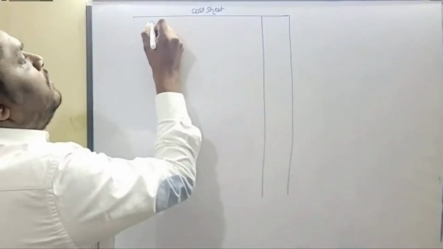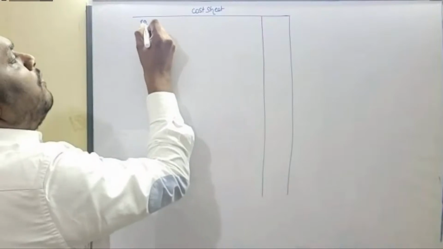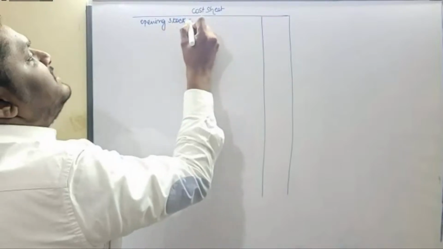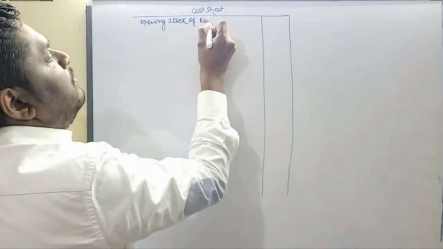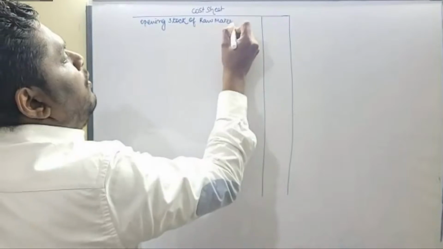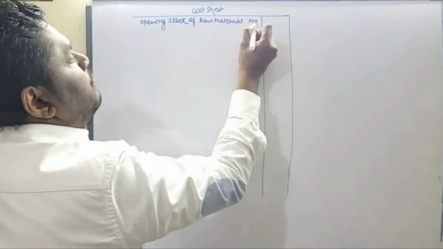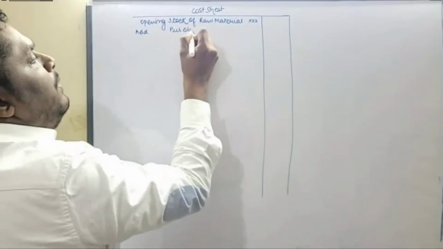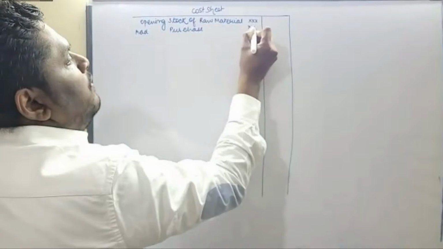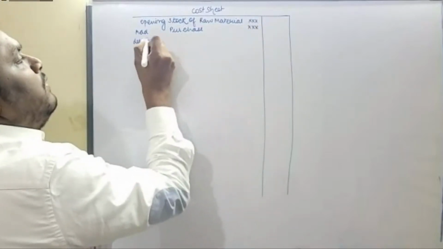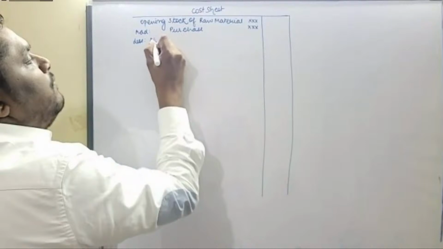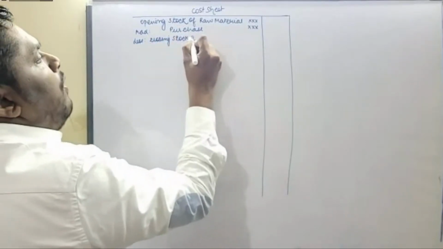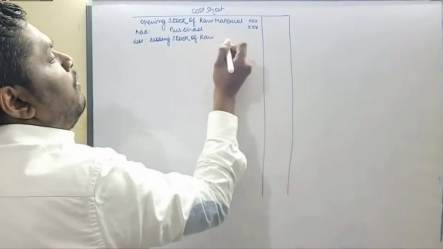So herein, the first point what we will write is opening stock of raw material. We will add the purchase of raw material and we will subtract closing stock of raw material.